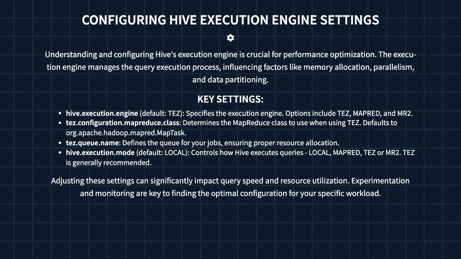Tez is generally the best choice. Then there are settings like the MapReduce class and queue name. These control how jobs get scheduled and where they run. Finally, the execution mode decides whether your queries will run locally or on a distributed cluster. It's all about finding the right balance between performance and resource usage, so don't be afraid to experiment.